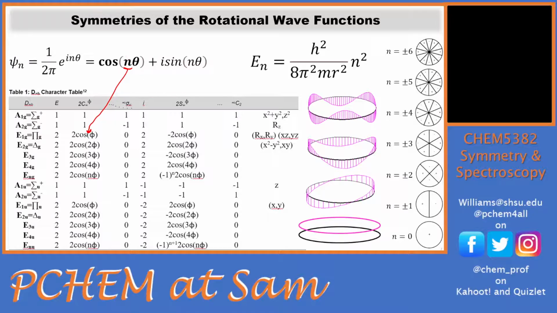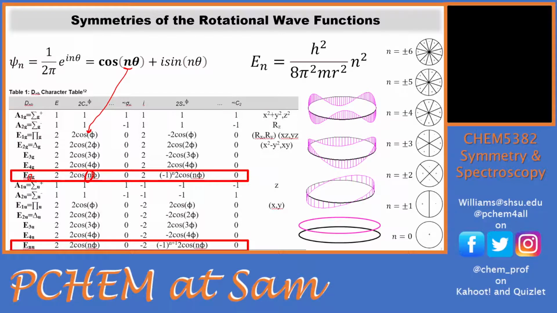And then whether it's g or u under inversion will tell us whether it's an E1u or an E1g, E2u or E2g. And so we end up with this particular row, essentially, whatever our quantum number is. If it's an even number, it's Eng. If it's an odd number, it's Enu.